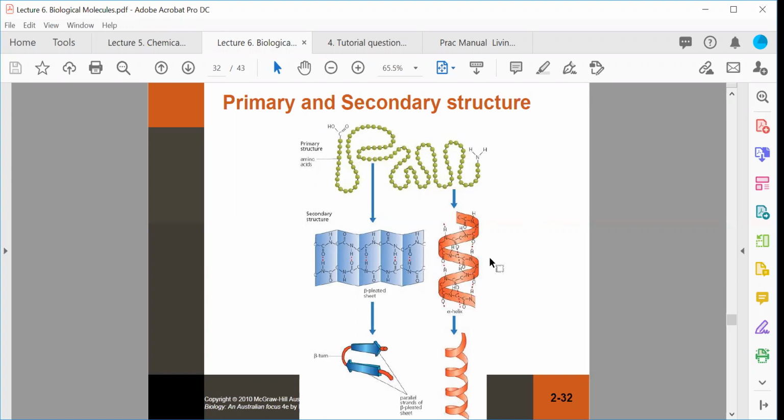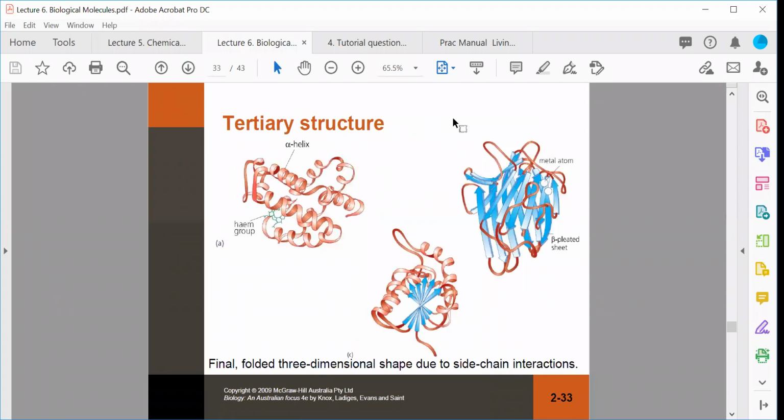Oh, and you might be able to see the formation of these bonds here. They're not covalent bonds, a different type of bond. The red dots that you can see are enabling this alpha helix formation to occur. All right, so that was the secondary structure of a protein.